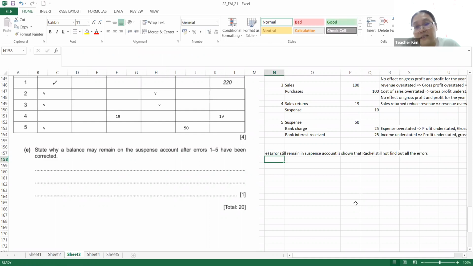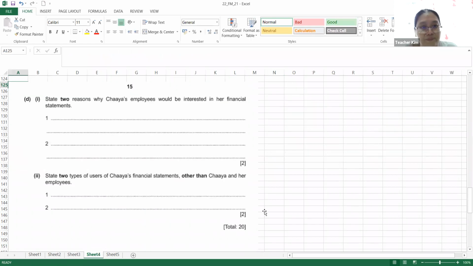So that could be the reason that there is still an error, not found. Now next, move on.